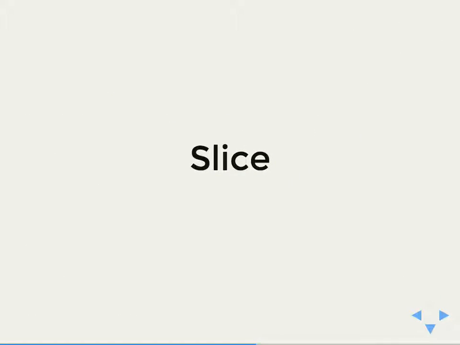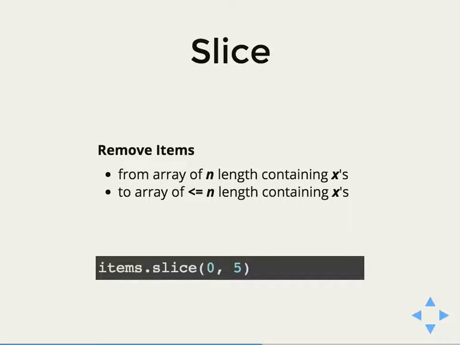So slice, the first verb that we'll cover, slice. It returns a shallow copy of a portion of an array into a new array. And it's a declarative way of grabbing a slice or a piece of an array. So basically you start with an array of a certain length and you end up with a new array that's smaller, usually.